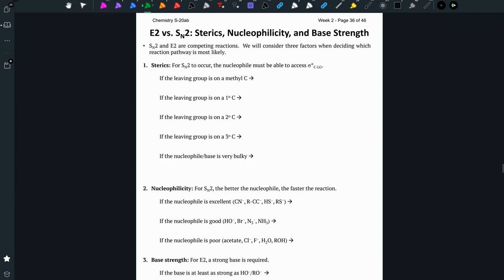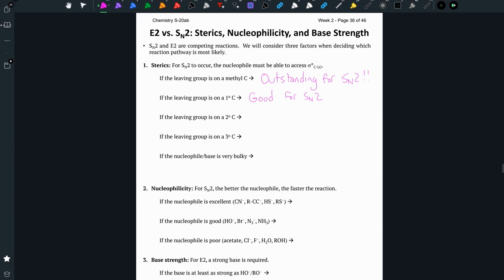So if the leaving group is on a methyl carbon, then this is just outstanding for SN2. So yay, SN2 all the way. If the leaving group is on a primary carbon, this is really good for SN2. So SN2 is going to be really fast.